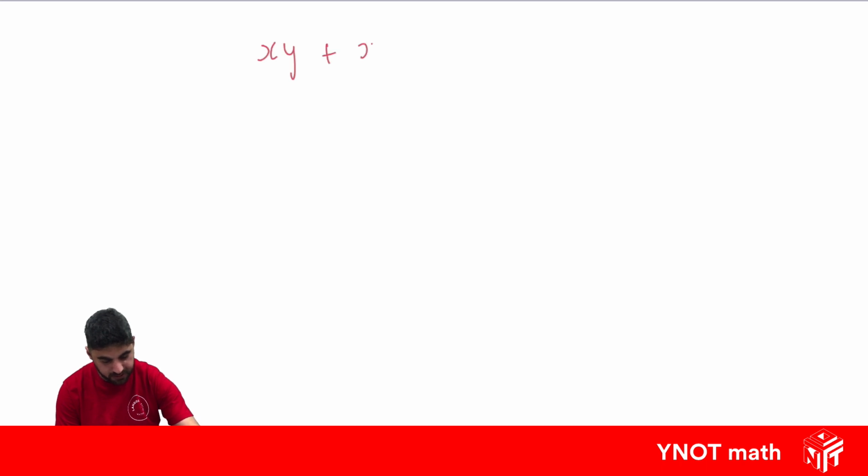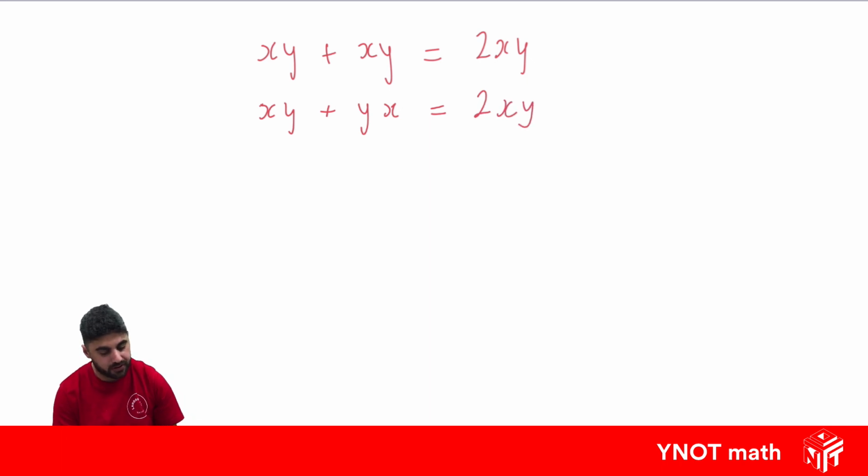xy plus xy. Well, that's 2xy. So here, even if we have more than one pronumeral, they still are one term each, and their coefficients are not there, so it means they're 1, and 1 plus 1 gives us 2. What about xy plus yx? Well, that's 2xy. Why can we add those together?